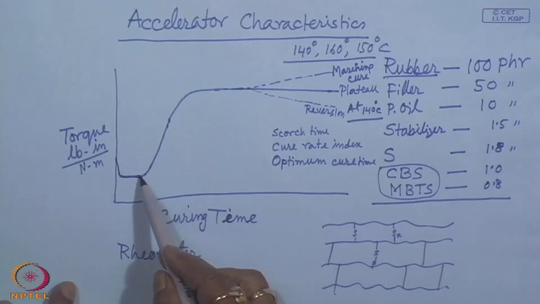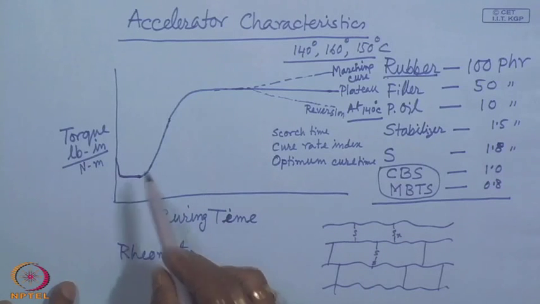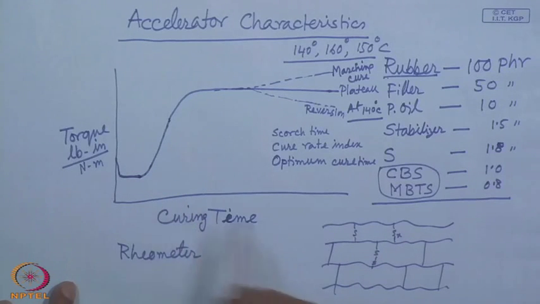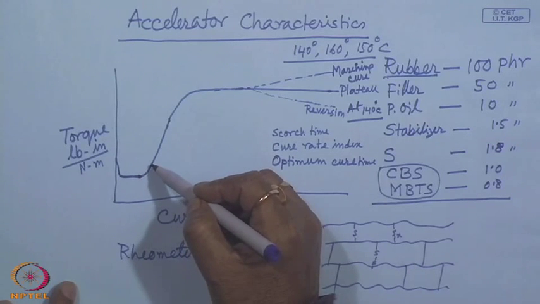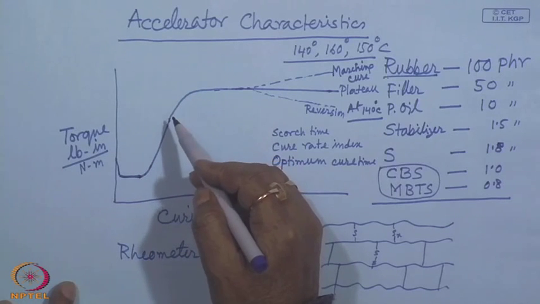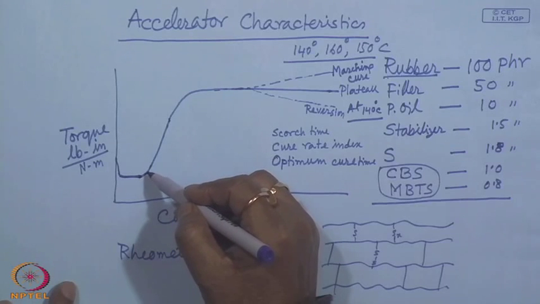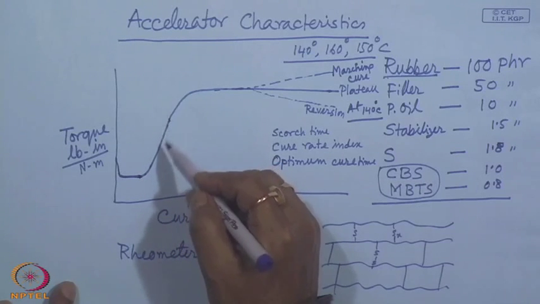The introduction of such cross-link bonds, sulfur intermolecular linkage bond formation, starts at this point of time. Then slowly the number of these intermolecular bonds increases and this torque goes rising this way. That means the curing reaction or cross-link reaction has started over here and it is increasing at this rate.